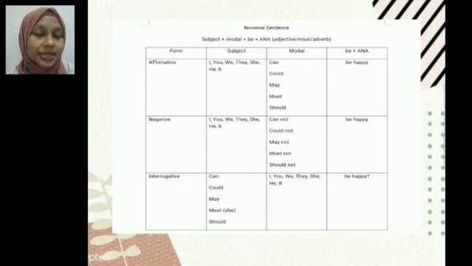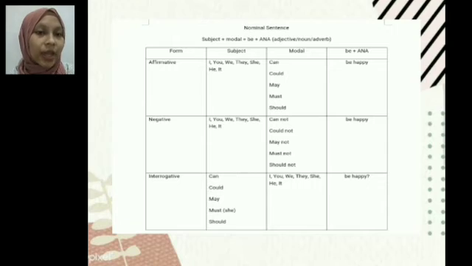For nominal sentence: subject plus modal plus be plus adjective, noun, or adverb. The form is affirmative. The subject is I, you, we, they, she, he, it. We can use modal can, could, might, must, should, and we can add be plus adjective.